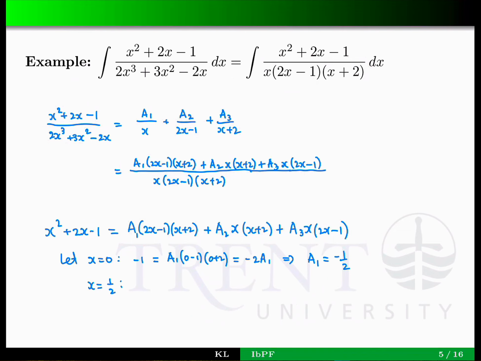So when x equals 1 half, on the left-hand side, we have 1 half squared plus 2 times 1 half minus 1. This will be equal to a sub 2 times 1 half times 1 half plus 2. On the left-hand side, 2 times 1 half is positive 1, minus 1, this will be 0, which means that on the left-hand side, you will just have 1/4.